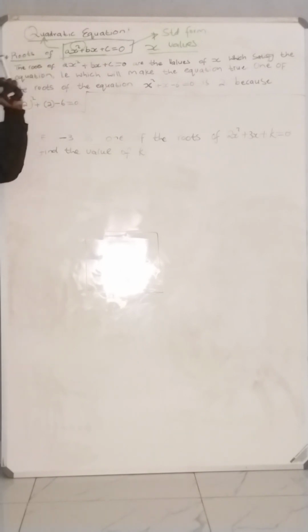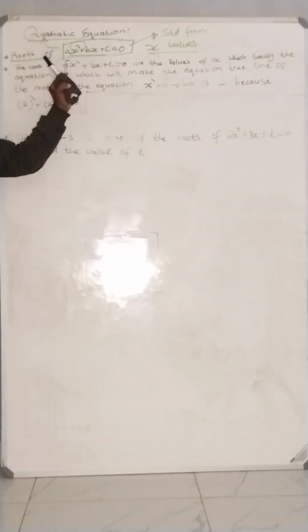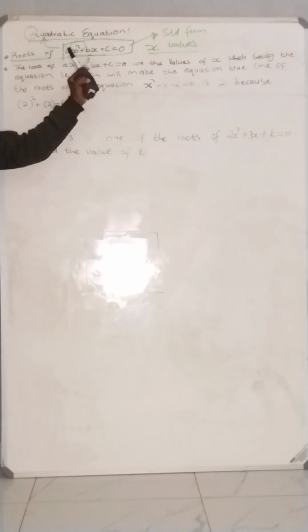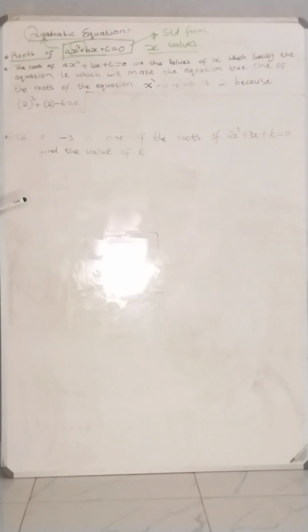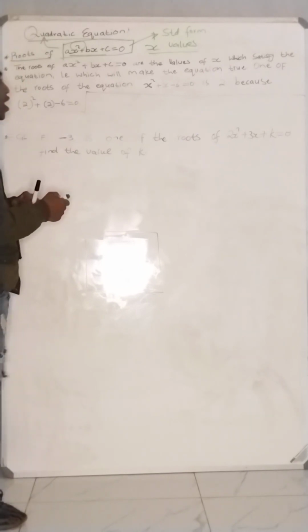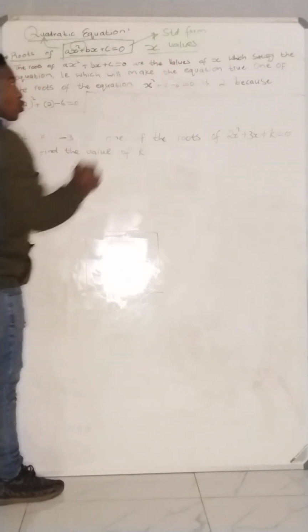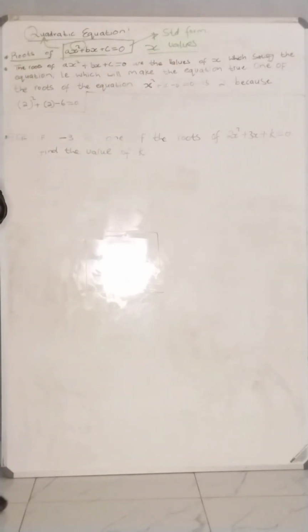So this is the quadratic equation: ax squared plus bx plus c equals 0. When they ask you for the roots of that equation, they're simply asking you for the x values. Remember that.